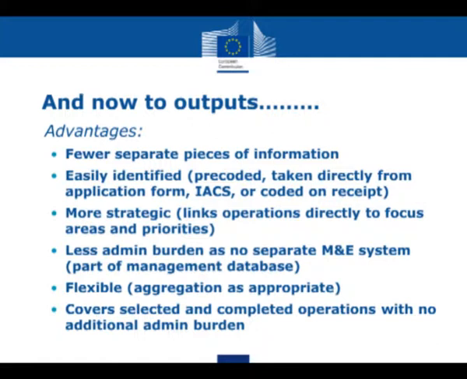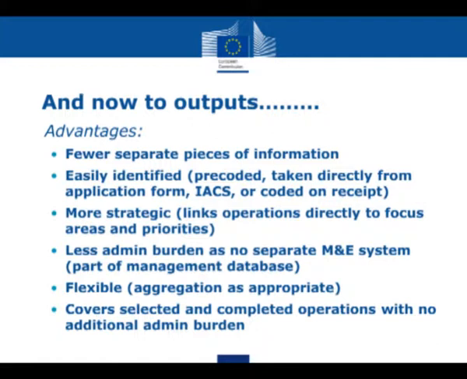They come from IACS if they're related to area, or they're coded on receipt by the implementing authority according to the type of investment or whatever. They're more strategic than the current output indicators because there's a link between each operation directly to a focus area and priority. And that has added benefits in terms of being able to track expenditure.